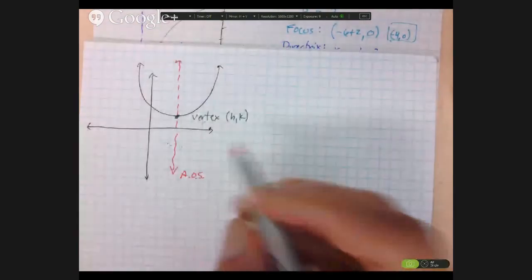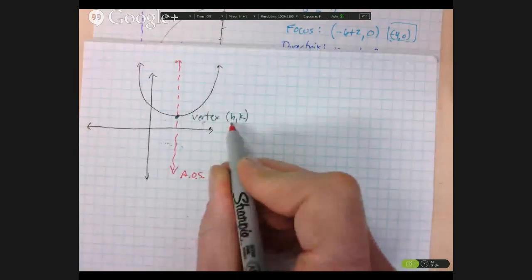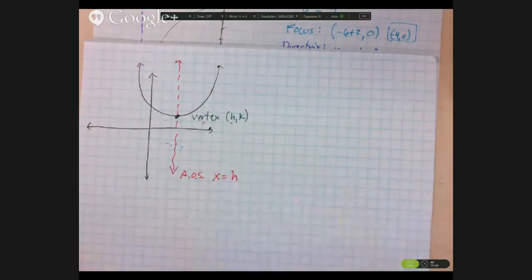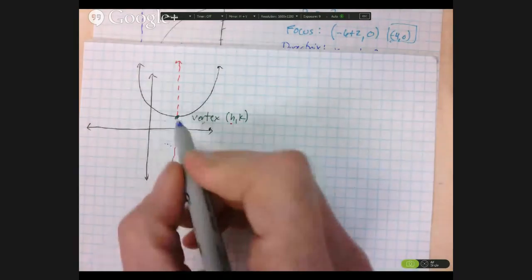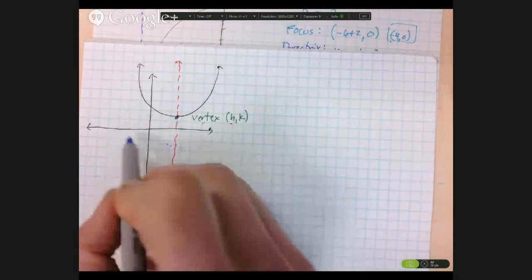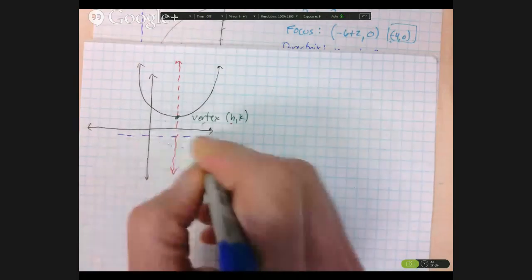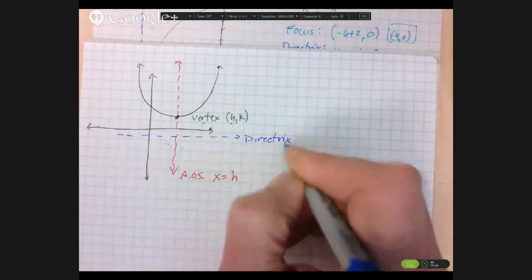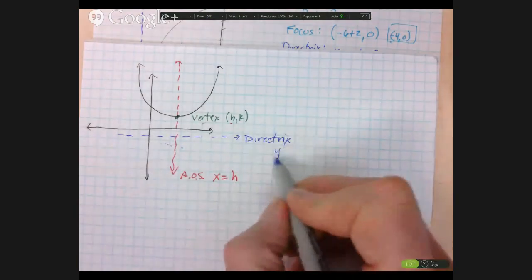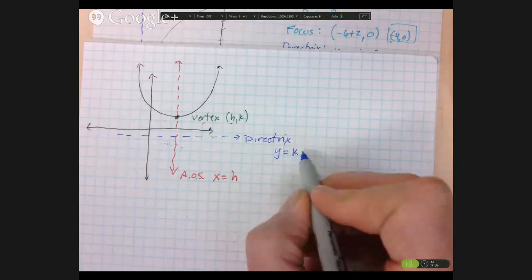What's the equation? X equals h. The directrix is y equals k minus p.